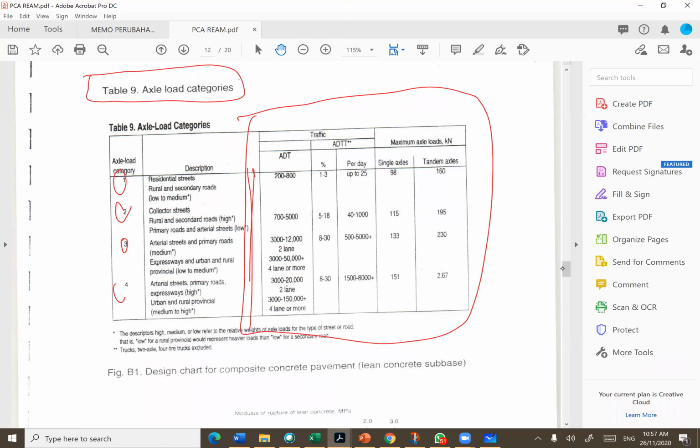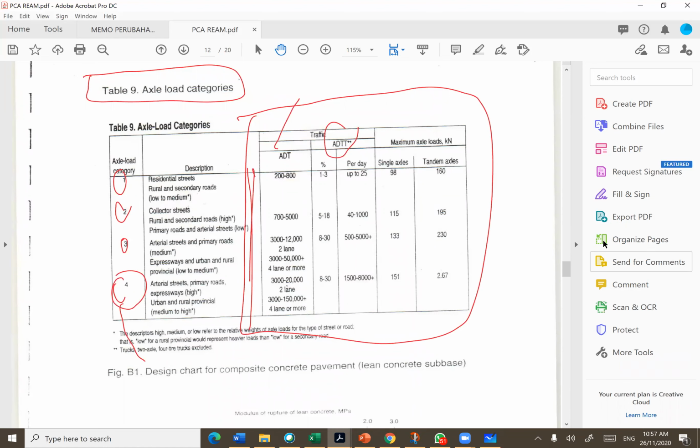What you can look at is your average daily truck traffic, the ADTT, which is the average truck traffic. From here you know whether it is a residential road, a collector road, or the high volume expressway.